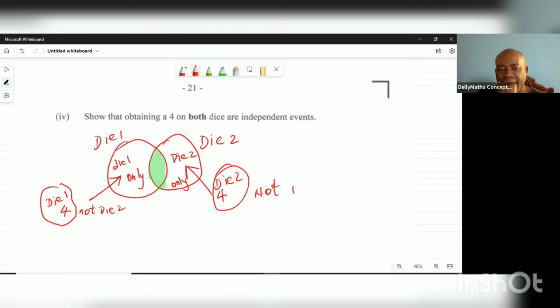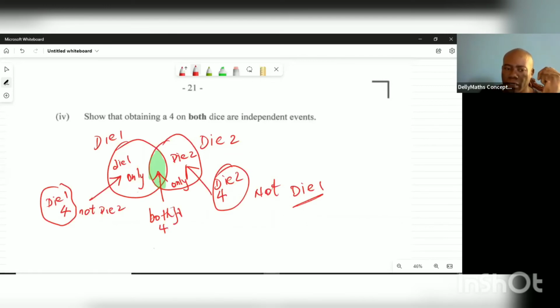You understand? Die 1. So you want to just show that. That's what you're referring to. But in here, you could see where it's overlapping. That's the overlapping part, where you could get a 4 from both. Both fours on both dice.